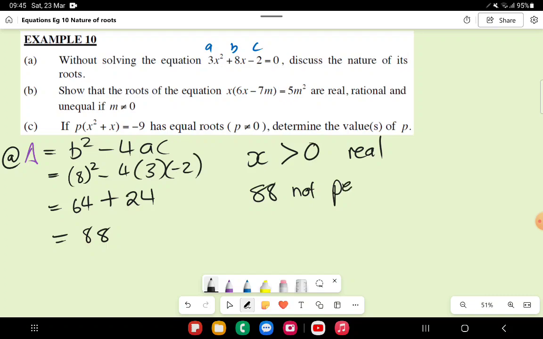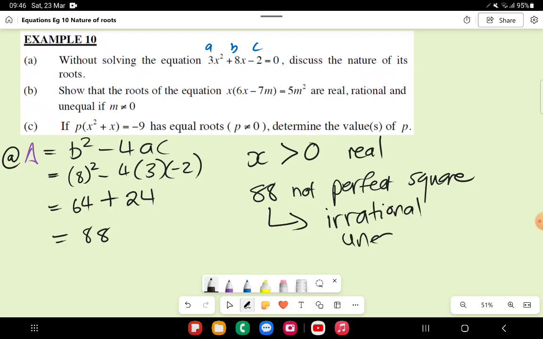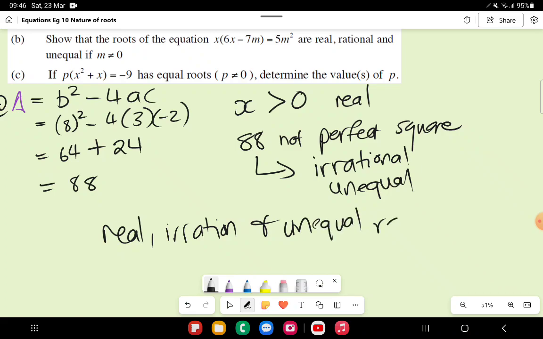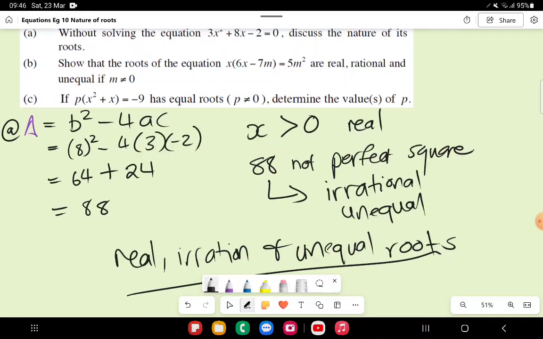So because it's not a perfect square, it is an irrational and unequal root. So my conclusion on this is a real, irrational and unequal root or roots. There you go. That is how you answer question A.